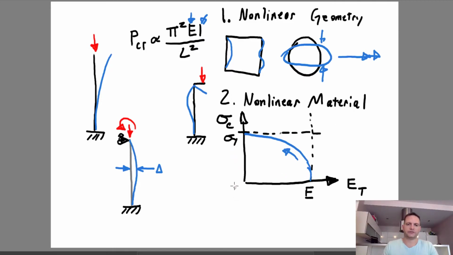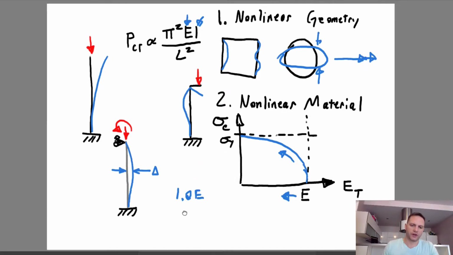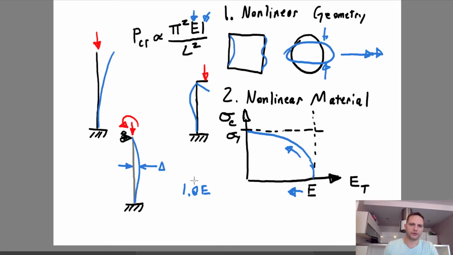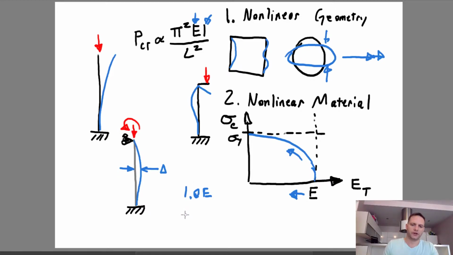The higher your compressive stress goes on your column, the lower your modulus goes. When you get to the yield strength of the material, your modulus goes from 1.0 times E to sometimes more like 0.1 times E. That's because you have something like a softening effect. That's essentially what happens when you have a material under compressive stress.